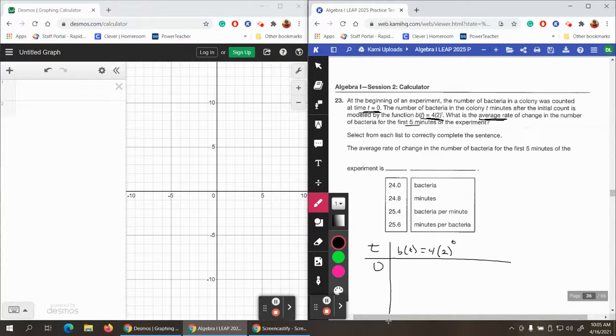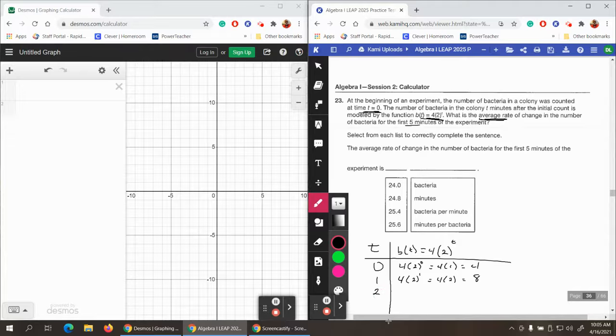So that would be 4 times 2 to the 0 power, which is 4 times 1, which is just 4. All right, and then let's do number 1. Number 1 is going to be 4 times 2 to the first power, which is just 4 times 2, which is 8.